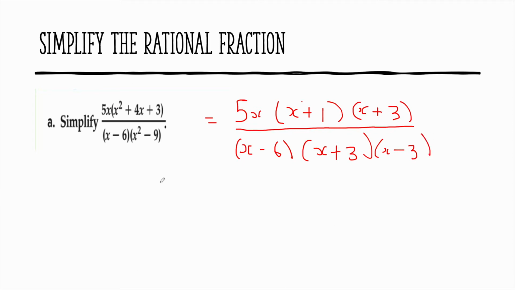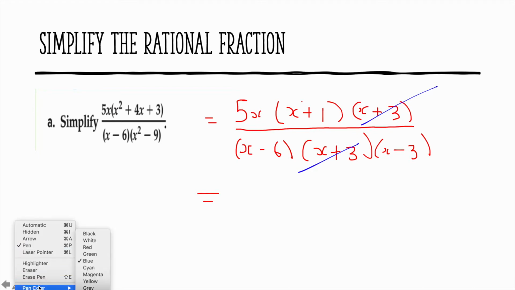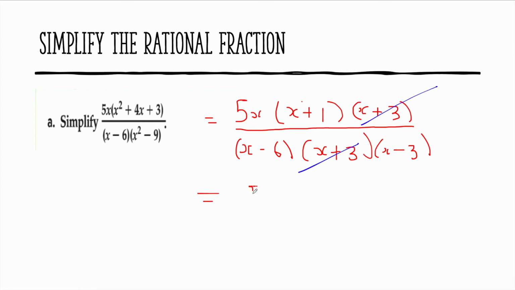Looking at this, we can simply cancel plus 3 from the denominator and the numerator, and we are left with 5x, x plus 1, divided by x minus 6. So this is your final answer.